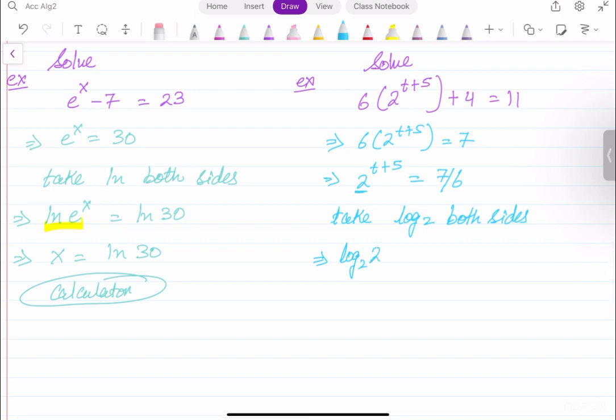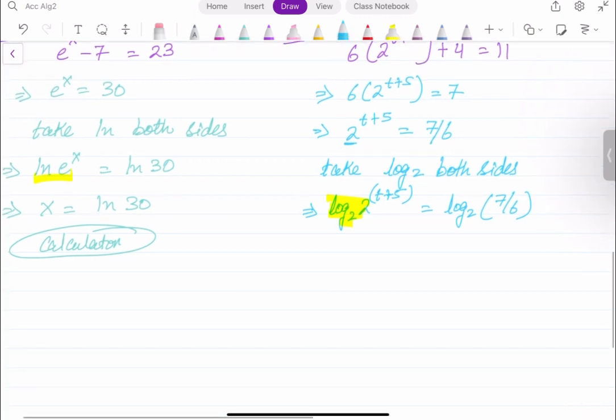Log base 2 of the whole entire number is equal to log base 2 of 7/6. Now on the left-hand side, we can easily bring t plus 5 down, and that will be log base 2 of 7/6.